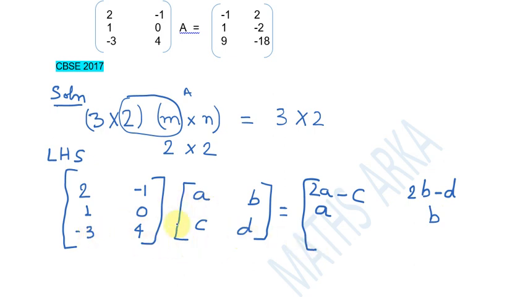Minus 3 into A plus 4C, that is minus 3A plus 4C. And what would be the last element? Minus 3B plus 4D. So this is what we get.